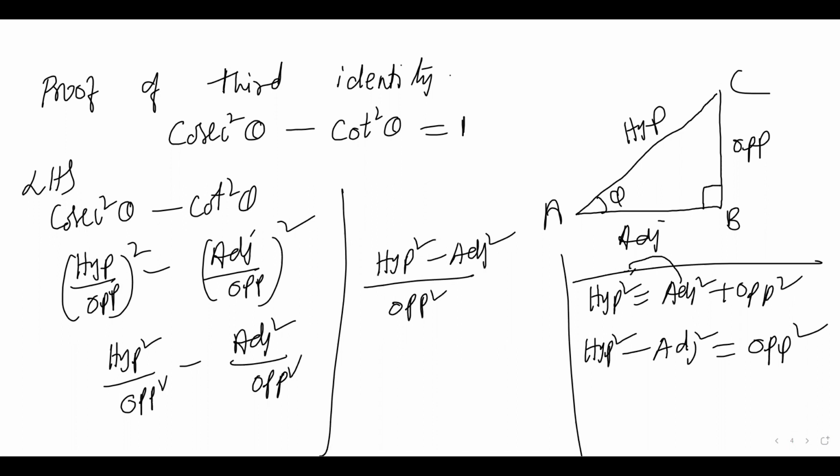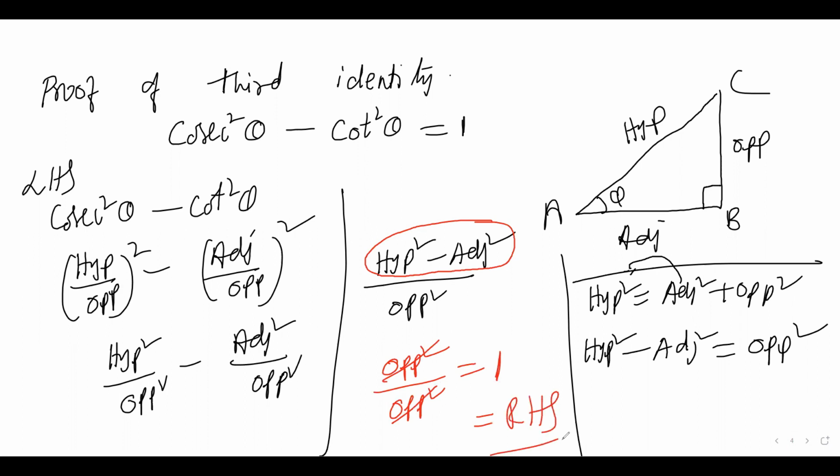So this numerator, hypotenuse square minus adjacent square, will become opposite square. By opposite square, both will get cancelled. Answer is 1. LHS is equal to RHS. This is the geometrical proof of third identity.